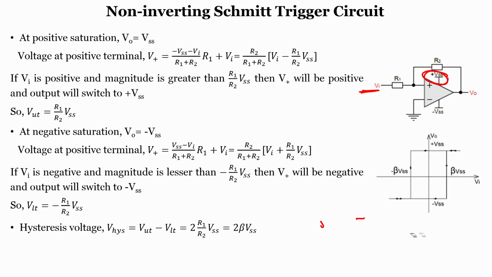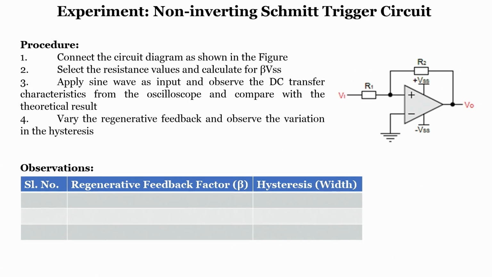In case of inverting and non-inverting circuits for Schmitt trigger application, we will have the output which is in on and off condition. So, let us see, if I want to perform an experiment to design the Schmitt trigger circuit, then the non-inverting trigger circuit is shown here, where you have to connect the circuit as shown in the diagram.